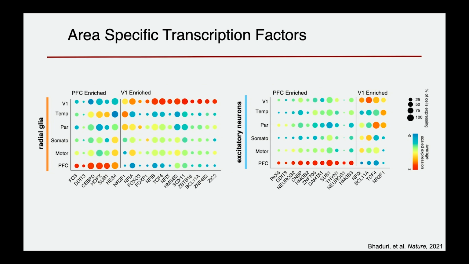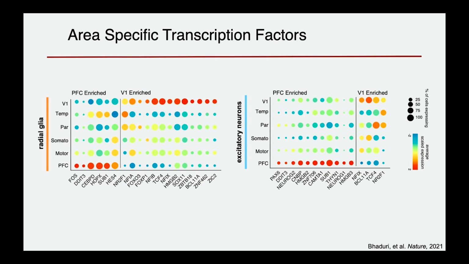One model that we have, which still needs testing and is something we're focused on in my lab, is the idea that there may be a domino effect, where a series of transcription factors set up the next set of programs that then cascade along to drive this dynamic gene expression, but that ultimately gets us to the blueprint of the different layers and areas that exist in the cortex. One way we can look at this is by looking at the transcription factors that are PFC or V1 enriched in the radial glia compared to the excitatory neurons.